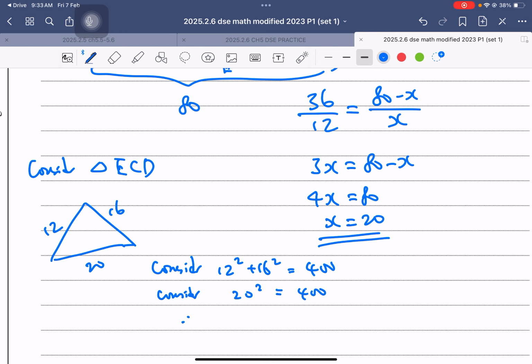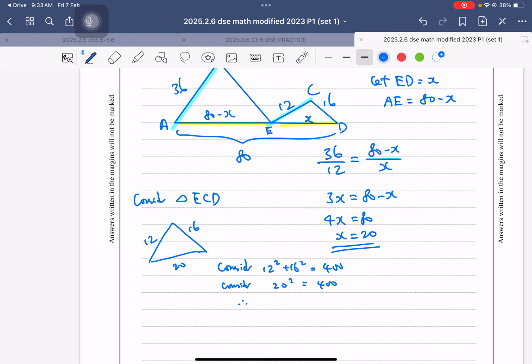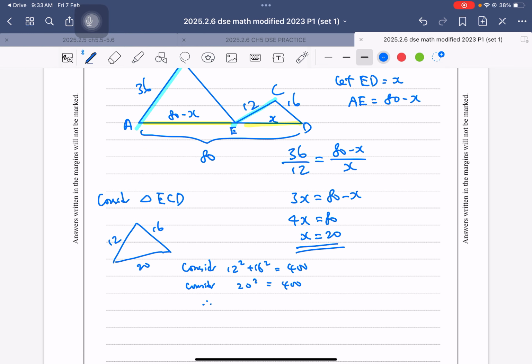So that you can show me that EC squared plus CD squared actually is equal to ED squared. Then we can say angle ECD is equal to 90 degrees, using the converse of Pythagoras theorem.